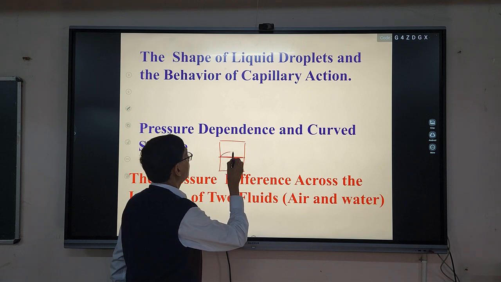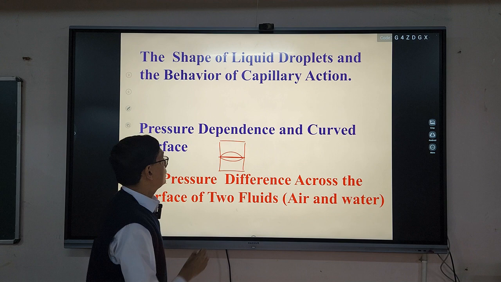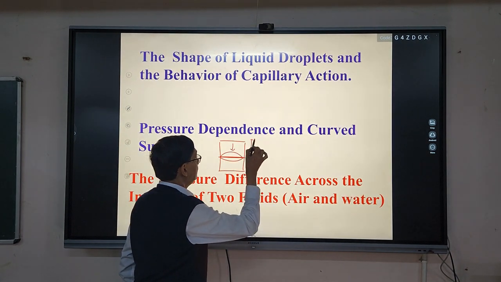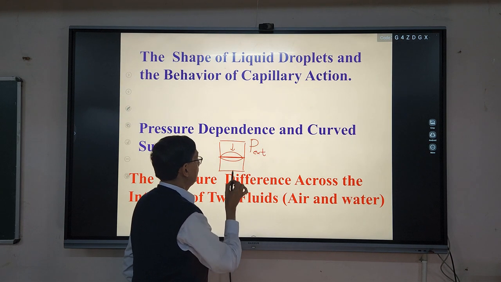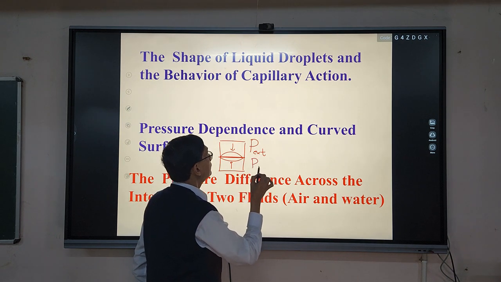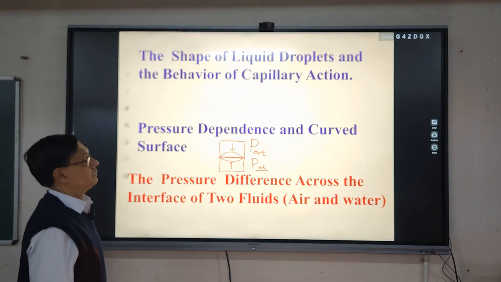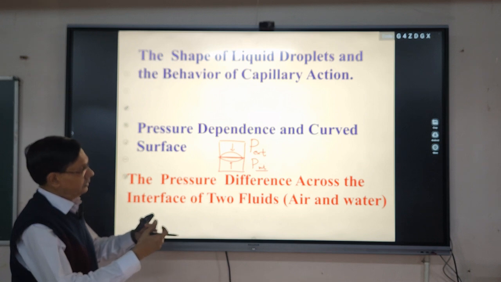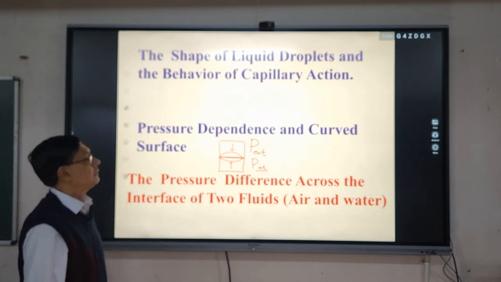Suppose this is like that. So there is a P external and another is P internal, external pressure and internal pressure. And at equilibrium, the P external may be equal to the P internal pressure.